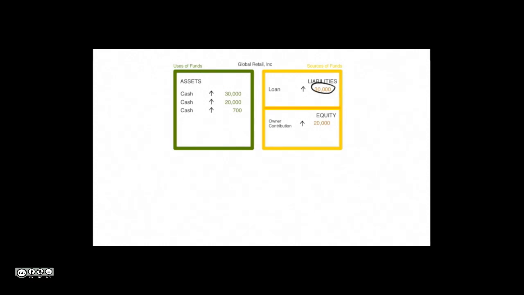The lender lent the business $30,000 and therefore has a claim upon the assets of the business of $30,000. The owners of the business put in $20,000 and therefore claim that back. And they also claim any additional value of assets that are generated through earnings.